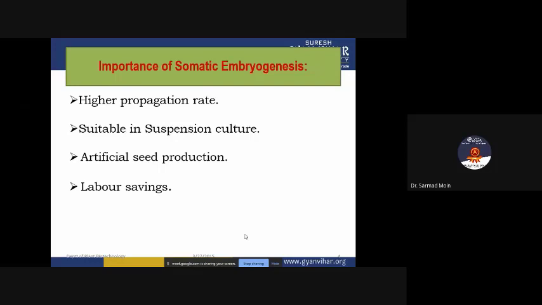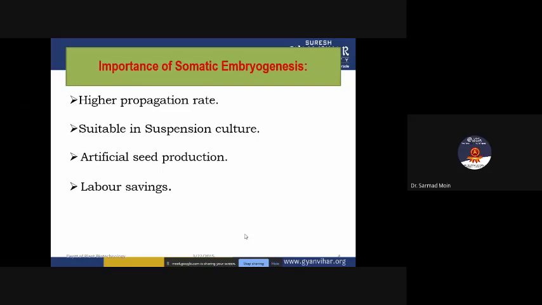It is also suitable for suspension culture. When we want to increase the number of cells, we can utilize suspension culture, and this increased number of cells can be utilized to produce more somatic embryos, and later for the higher propagation of the plantlets.